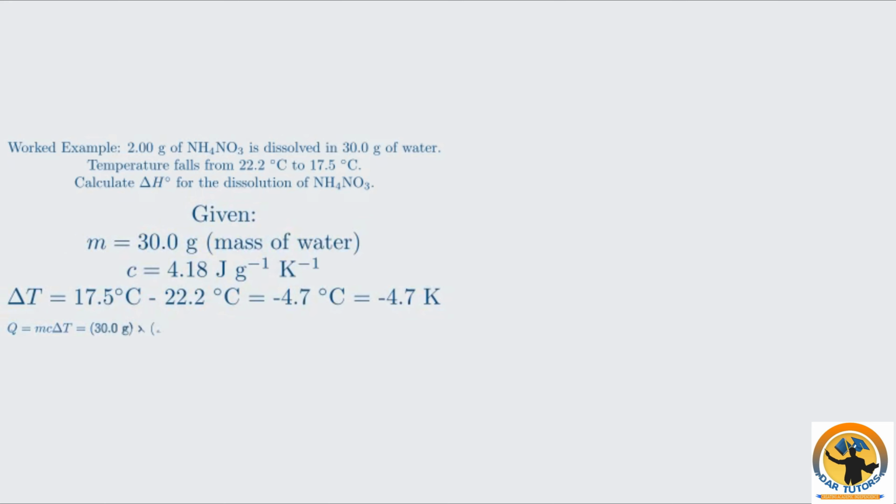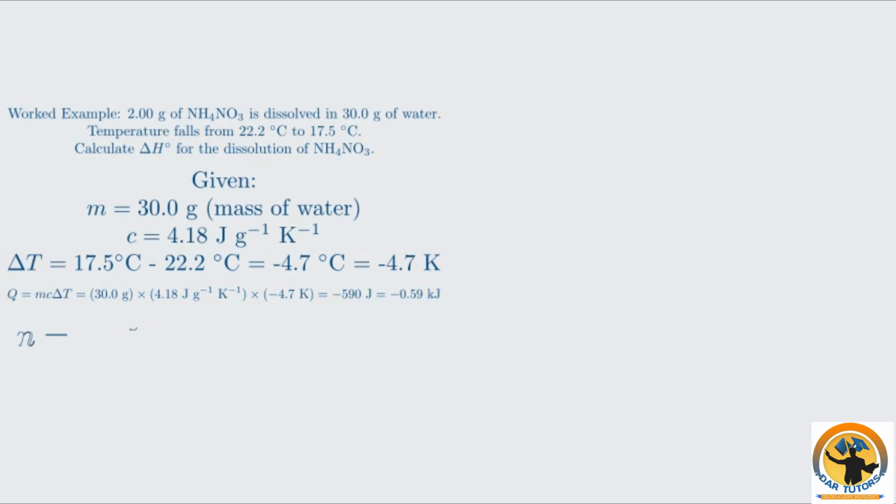Q equals 30.0 times 4.1 times negative 4.7, which is negative 590 joules, or negative 0.59 kilojoules. The moles of ammonium nitrate are its mass, 2.1 grams, divided by its molar mass of 80.06 grams per mole, giving 0.025 moles.